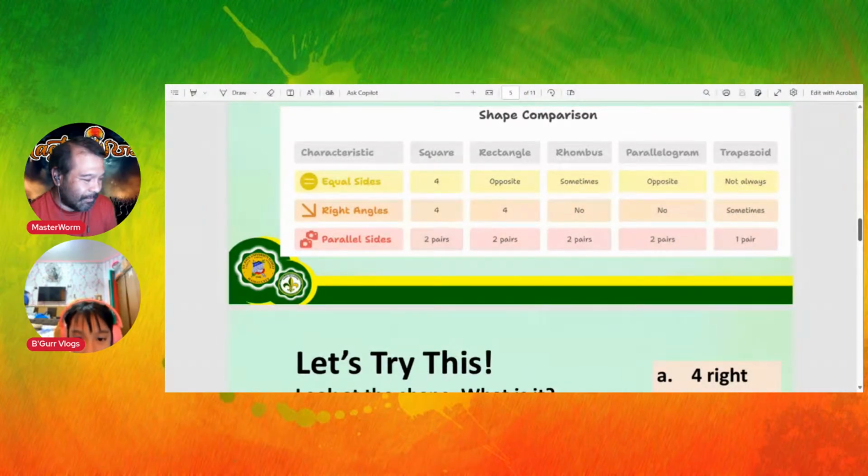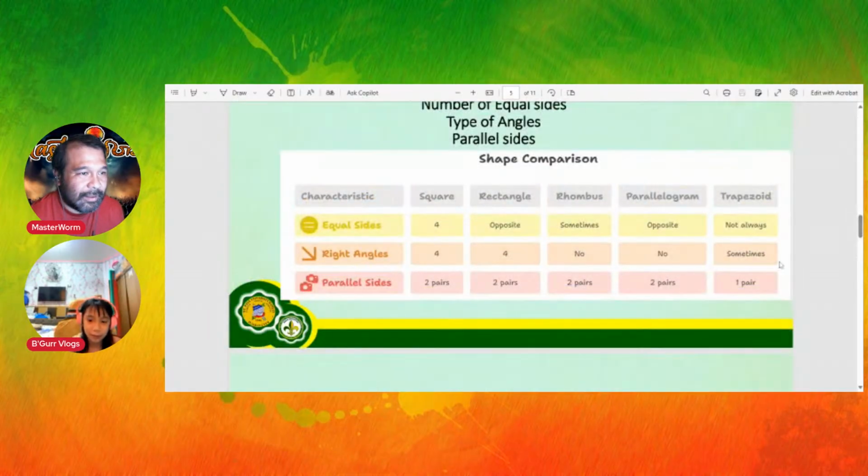Do you understand that? Yes, Daddy. The rectangle has equal opposite sides, four right angles, and two pairs of parallel sides, the same as the square.